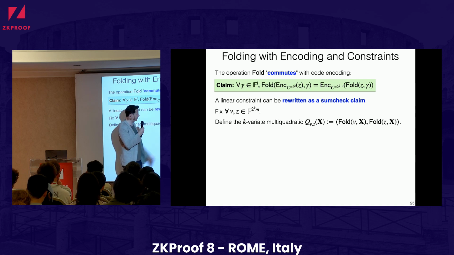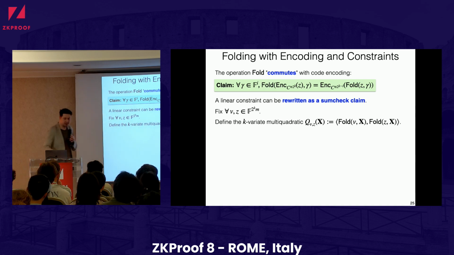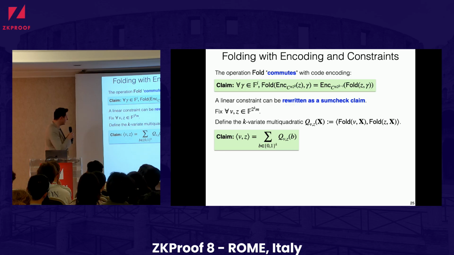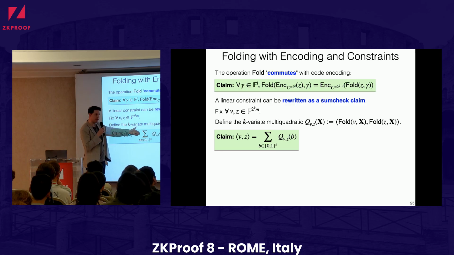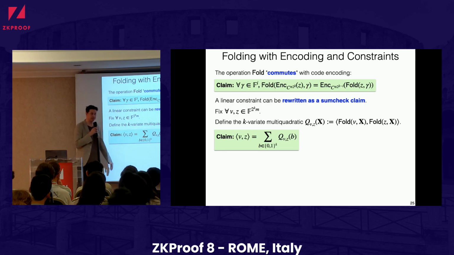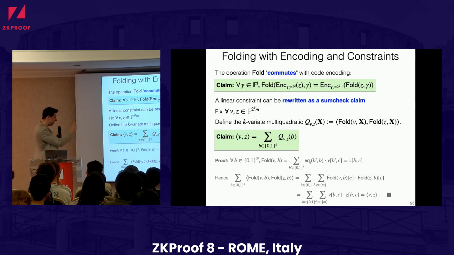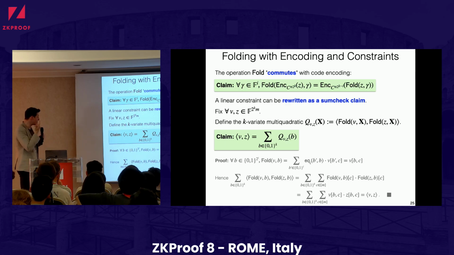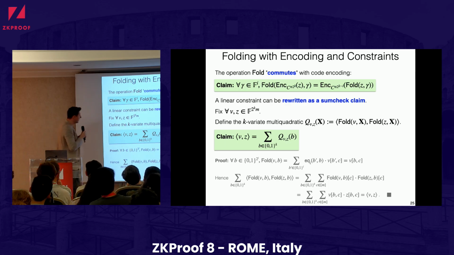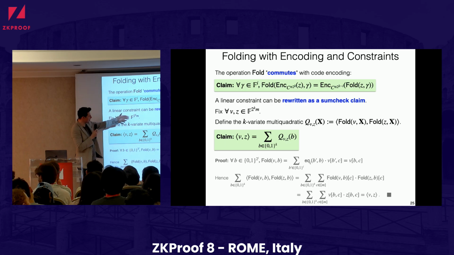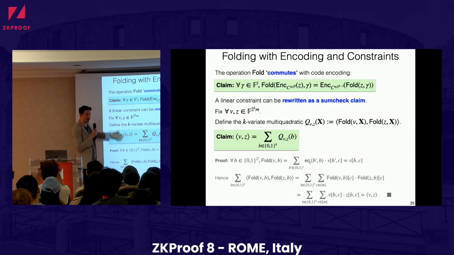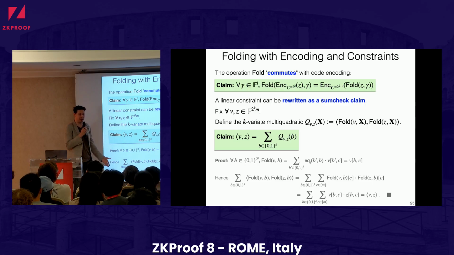It has the property that the linear constraint of v and z can be expressed using this sumcheck-like claim. Why? I don't really want to go through it, but it's true. The fold operation is chosen to make these things happen. That's what's special about it.